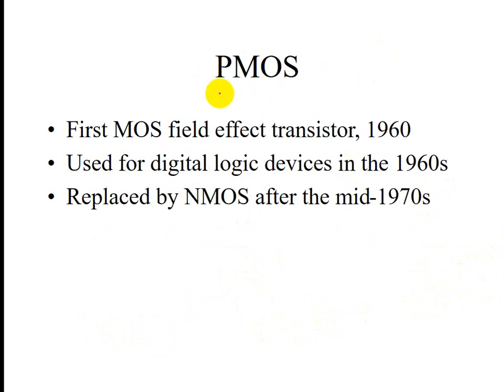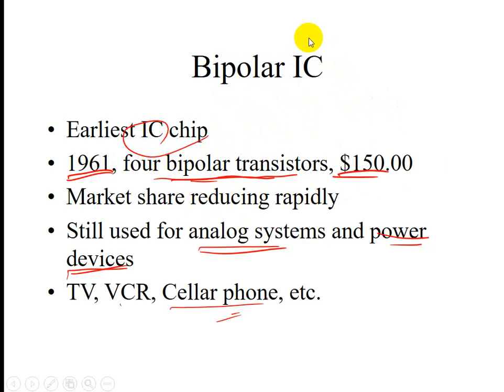For the PMOS, it is the first MOS structure built, in 1960. The difference between MOS and bipolar BJT is that bipolar junction transistor is basically used for analog systems, using the amplifier property, amplification of the power.